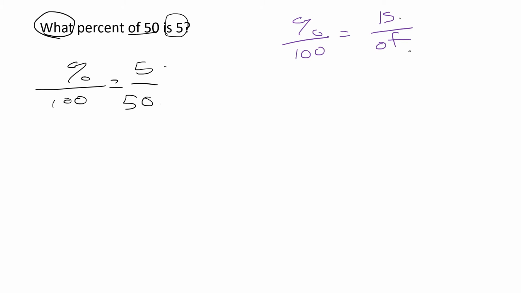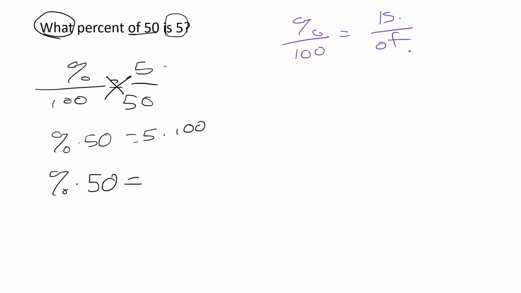So now from here, we can cross multiply. So our percent, our missing number, times 50 equals 5 times 100. Percent times 50 equals 5 times 100, which is 500. And then what's our next step? We'll divide by the number multiplied to the variable.